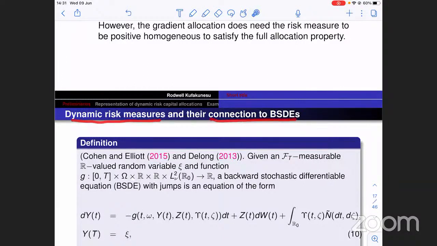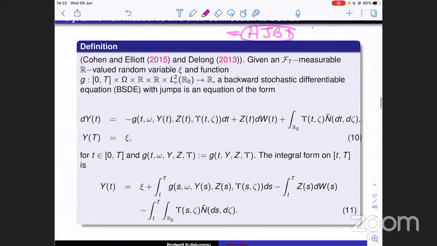This connection has been studied by Professor Shoma Tanaka in his PhD thesis, and there's a popular paper. But in that paper, or in his thesis, he worked with HJBI instead of backward stochastic differential equations as such. So you can have a look. He also worked with convex risk relations and also the recurrence type of relations when studying risk.